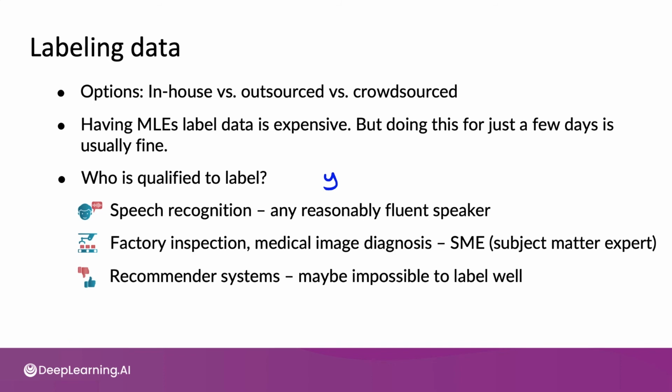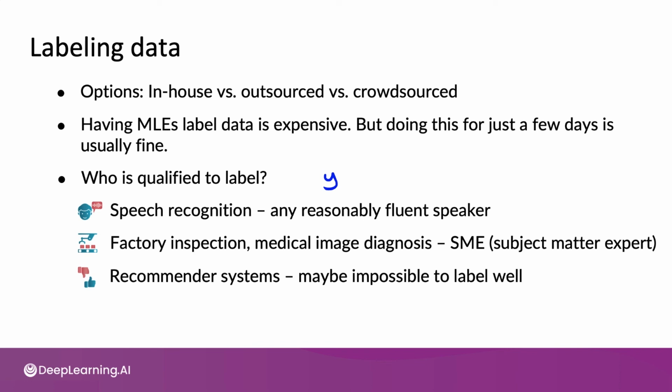And then finally, there are some applications where it's very difficult to get anyone to give good labels. Take product recommendations. There are probably product recommendation systems that are giving better recommendations to you than even your best friends or maybe your significant other. And for this, you may just have to rely on purchase data by the user as the label rather than get humans to label this.